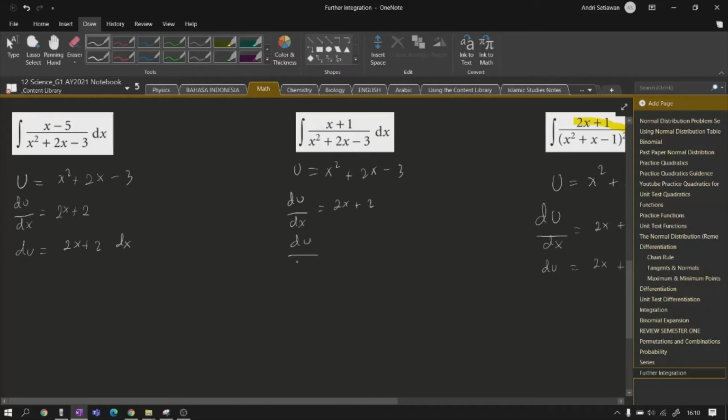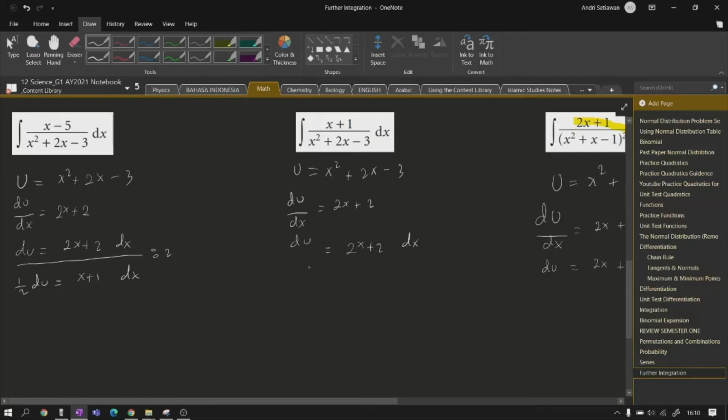Okay, if we try to make it similar with the above term, we can divide it by 2, so we get half du equals x plus 1 dx.